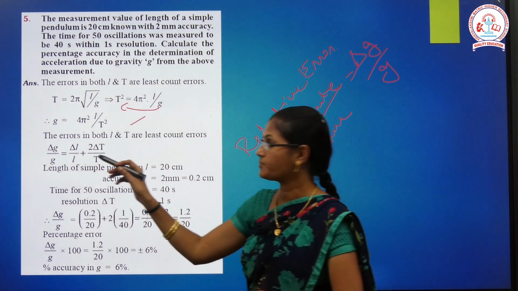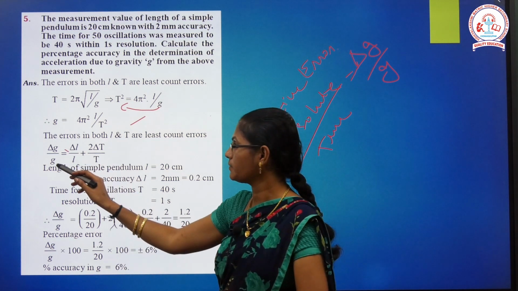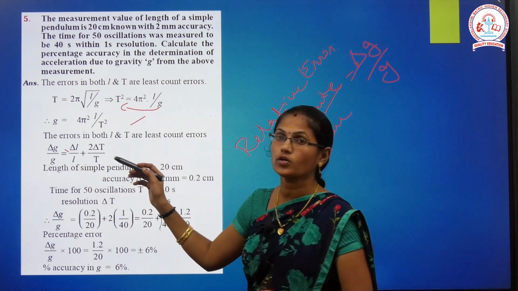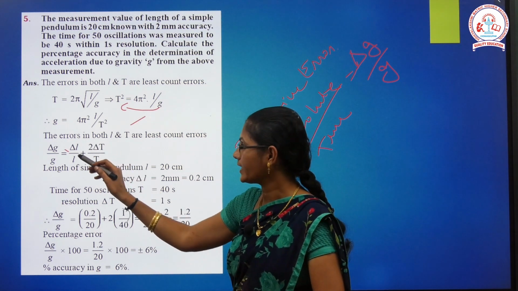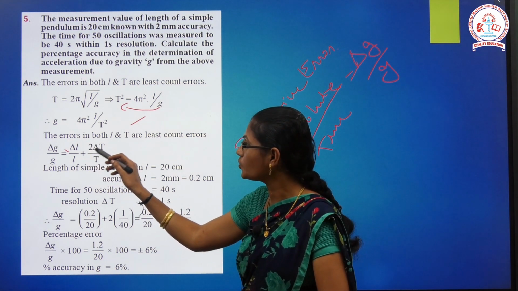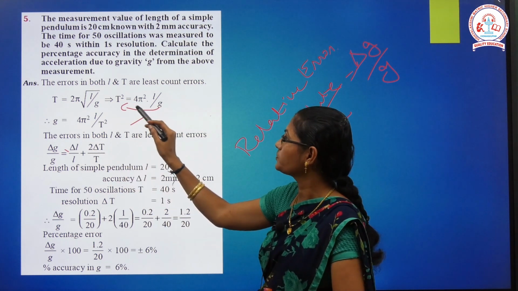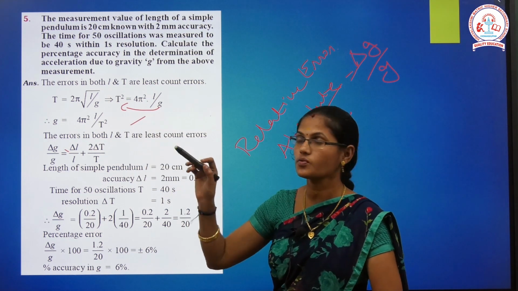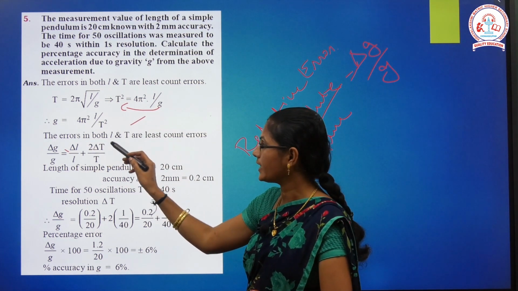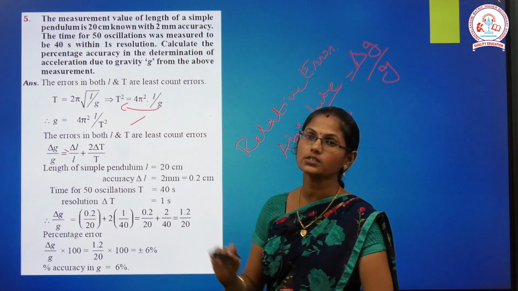Already you know that in errors we always use only additions. So delta g by g is equal to delta L by L plus 2 delta T by T. Why are we using the 2? Because the T value is squared, so we use 2 into delta T by T. So this is the formula we use in this problem.